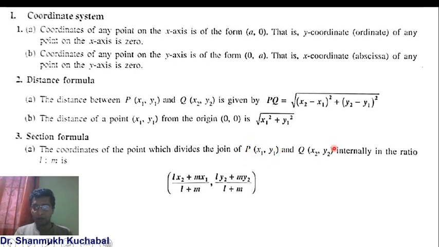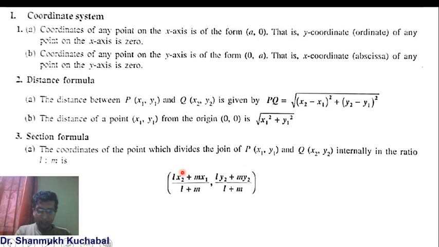Next, section formula. Suppose point P has coordinate (x1, y1) and point Q has coordinate (x2, y2). If they cut internally in the ratio L to M, that is, the length from P to the dividing point is L and from that point to Q is M, then the section formula is given by this expression: (L x2 plus M x1) divided by (L plus M).